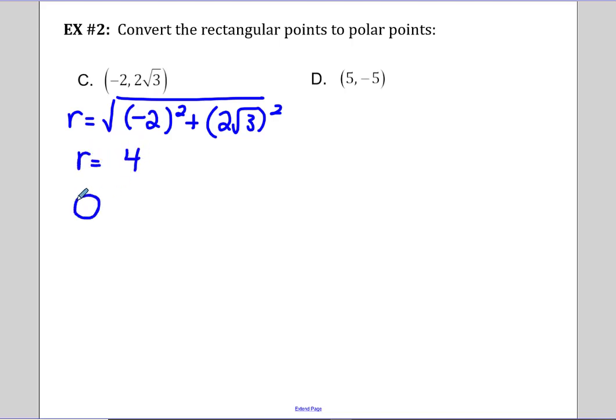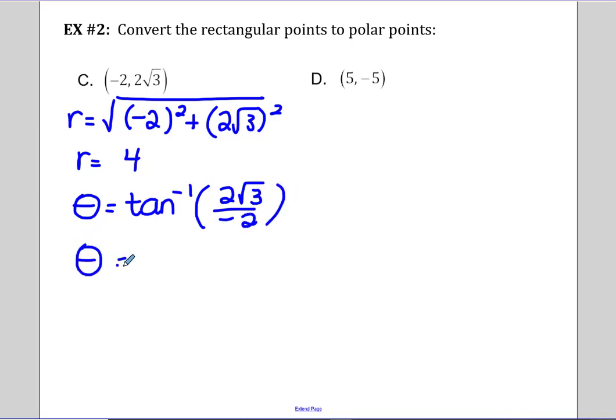And then we want the angle theta, and theta is the angle whose tangent is 2 square roots of 3 divided by negative 2, and that angle would be 2 pi over 3. So just as we converted in example 1a, we can convert backwards for that same point, and our rectangular point converts to this r and theta.